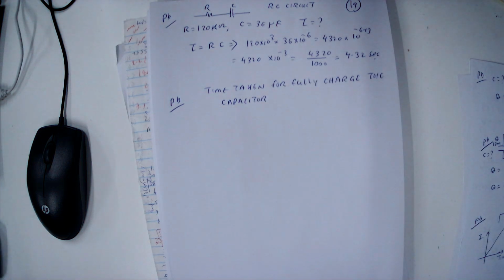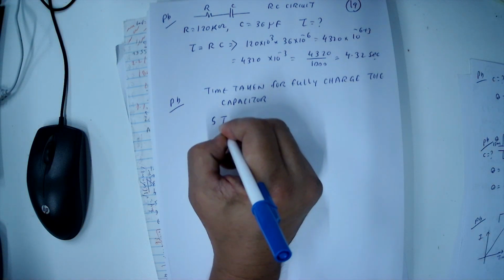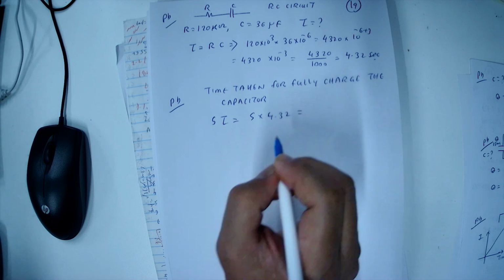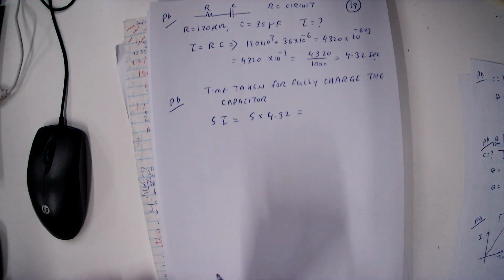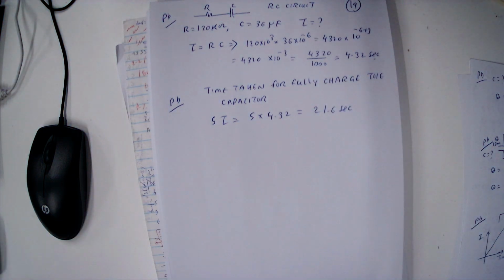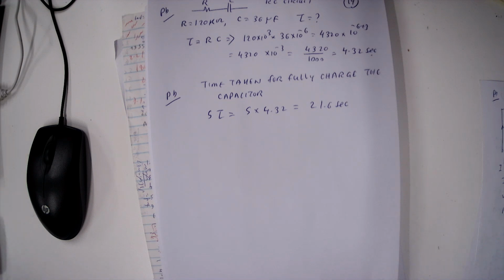In this case, 5 time constants. So 5 multiplied by 4.32 will be 21.6 seconds. So it will take 21.6 seconds to fully charge the capacitor. So this is the way we calculate it.